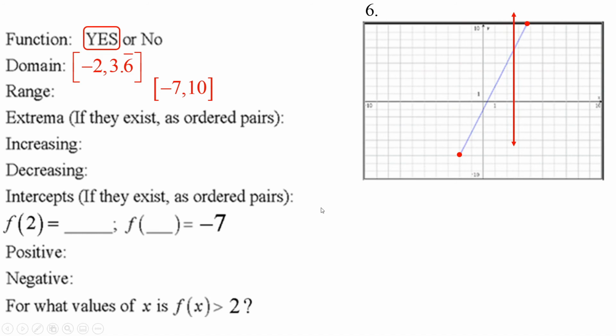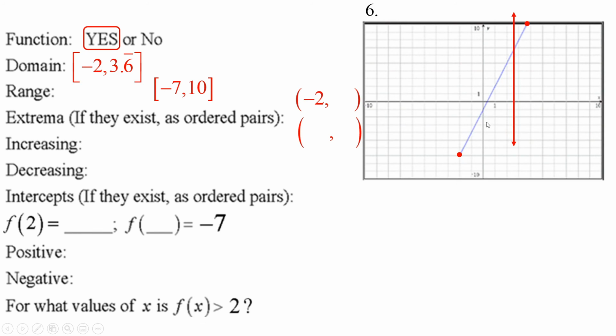Now the extrema. Well, we have a lowest point, that's a min, and a highest point, that's a max. So let's just write those as ordered pairs. All right, and the min, well, what's the x coordinate there? -2, and what's that y value right there?